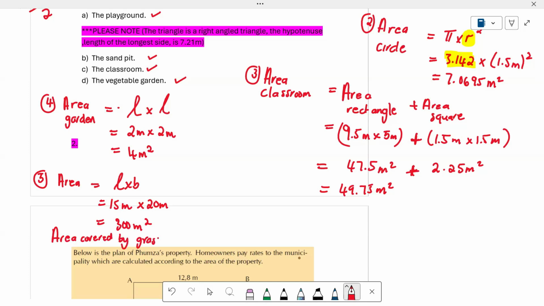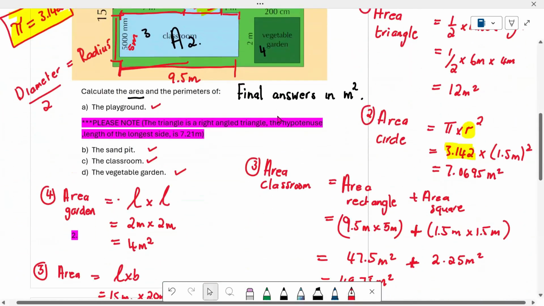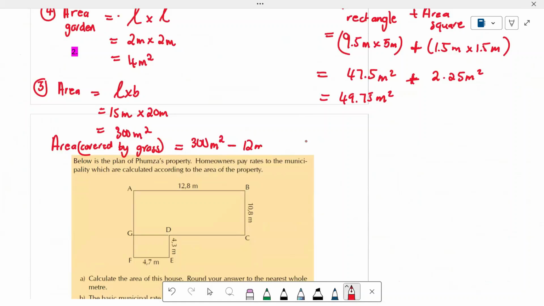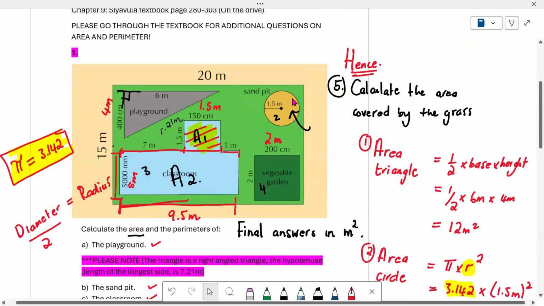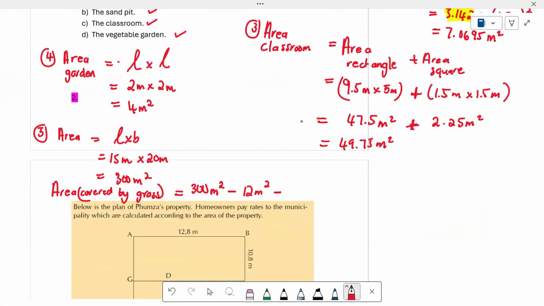So now we're calculating the area that is covered by the grass. We're going to take that 300 meters squared, then we're going to minus what? Because remember, we minus the area of the playground. What was the area of the playground? It was the first one, 12 meters squared. Minus the area of the second one, the sandpit, which was 7,0695 meters squared.